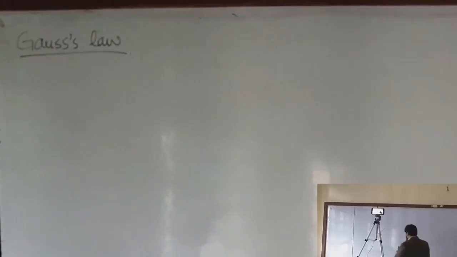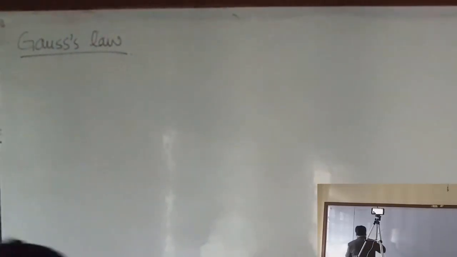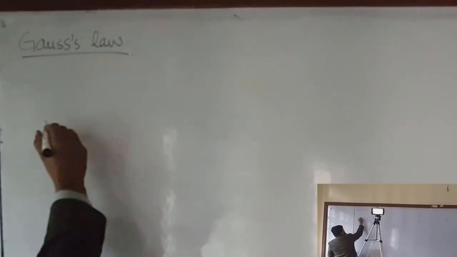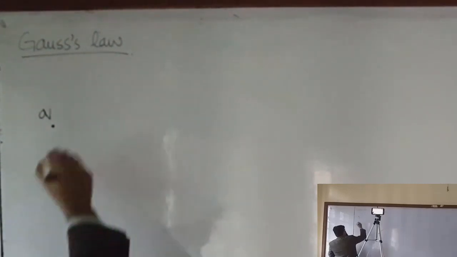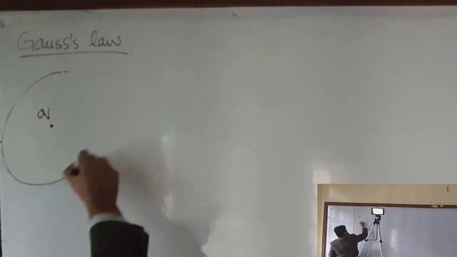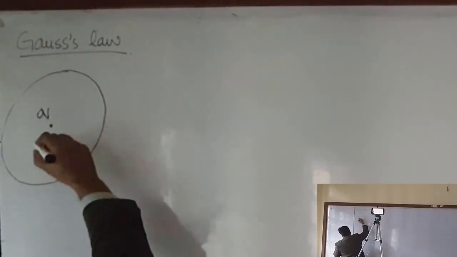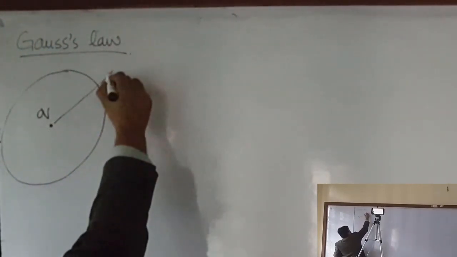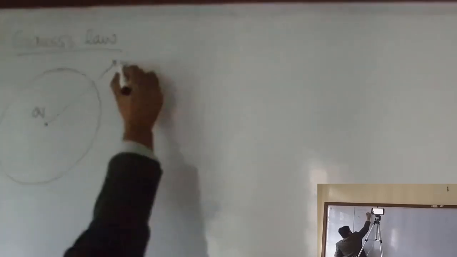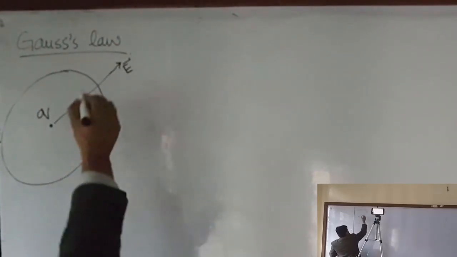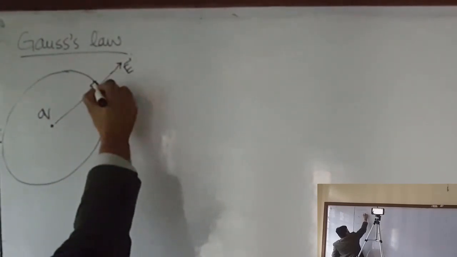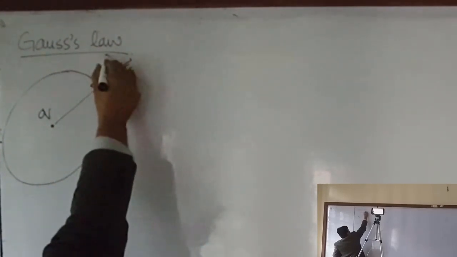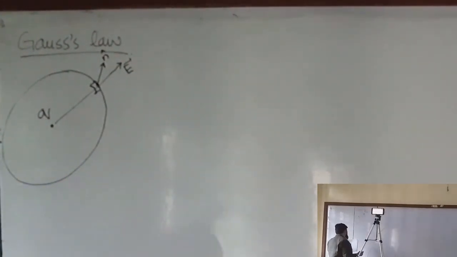So if I have a charged particle, let's say this is a charged particle Q, and this charged particle is enclosed in this shape. I have the electric field in this direction, and this patch element which I am considering here, let's say it is in this direction, which I will call the n unit vector.